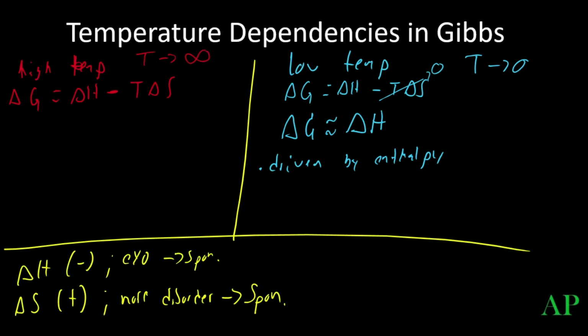In that case, effectively delta H is irrelevant as far as the Gibbs calculations are concerned. So now this section goes to 0. And we're left with my change in Gibbs being approximately equal to negative T delta S. Under high temperatures, you are then driven by changes in entropy.